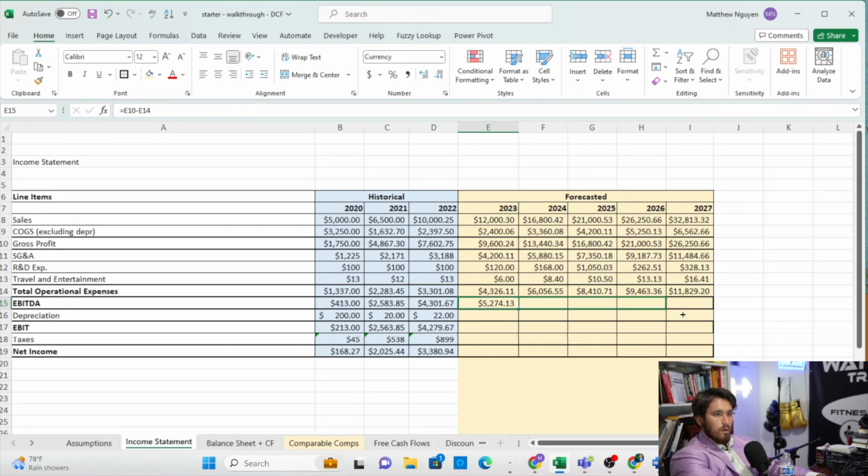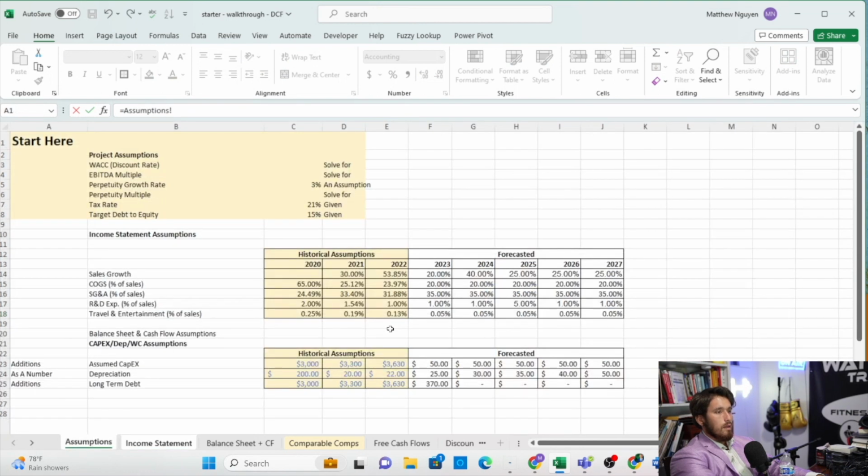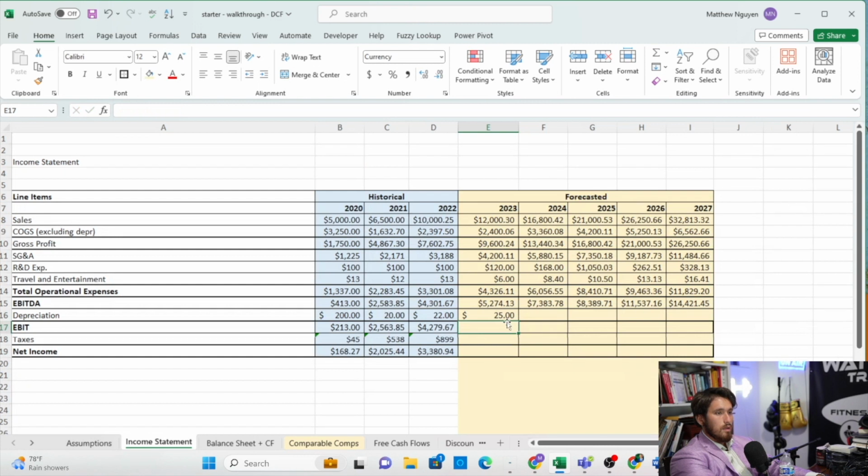Let's pull this over. Okay, everything's looking good. Okay, so our depreciation in this case, let's take the assumption they gave us. They gave us our depreciation expense. So let's pull this over.